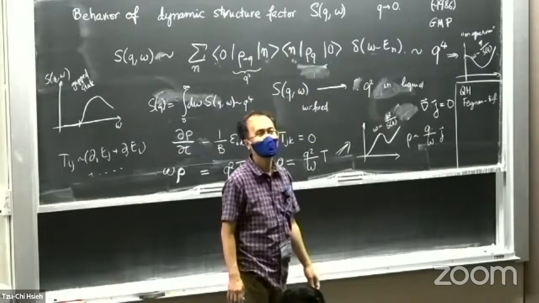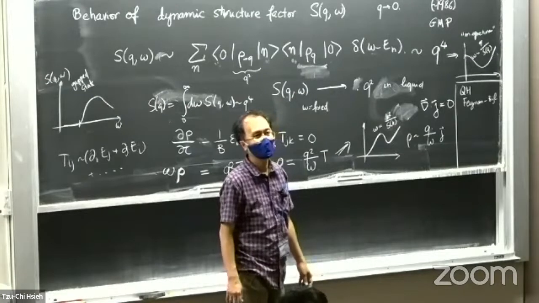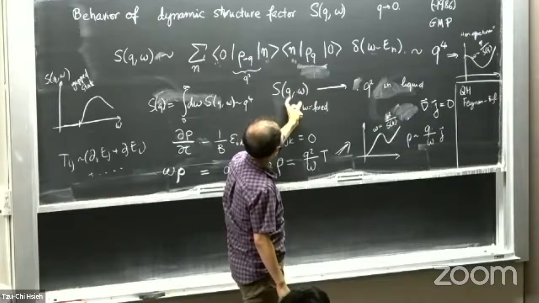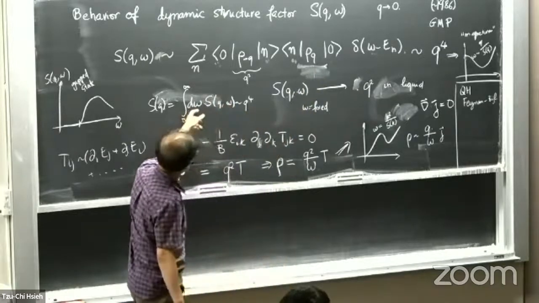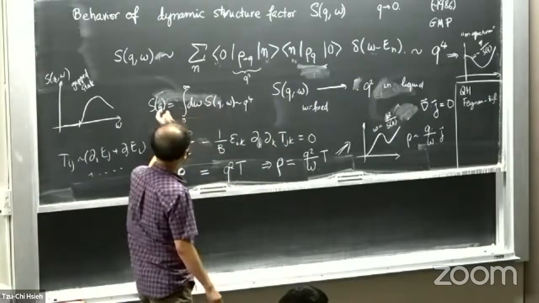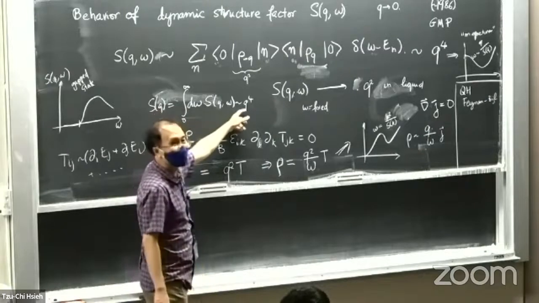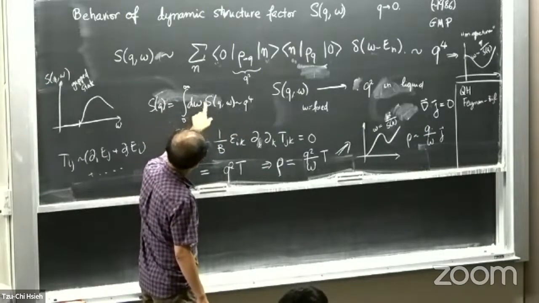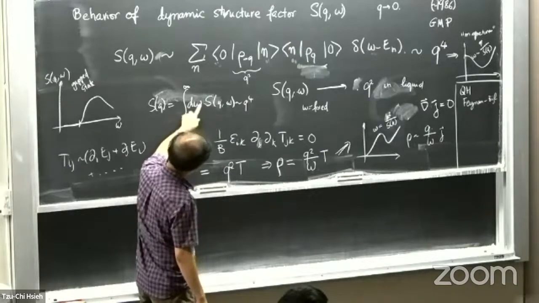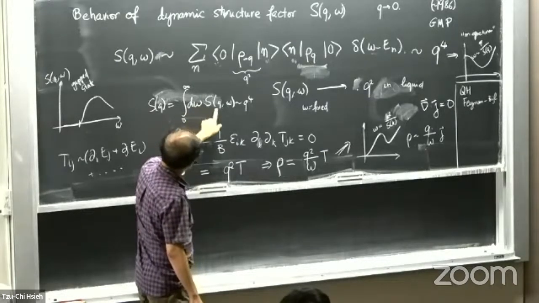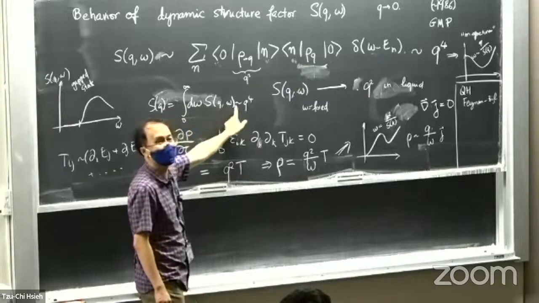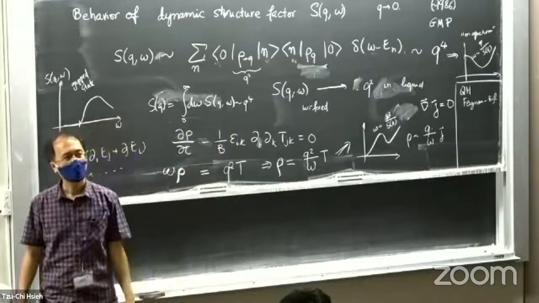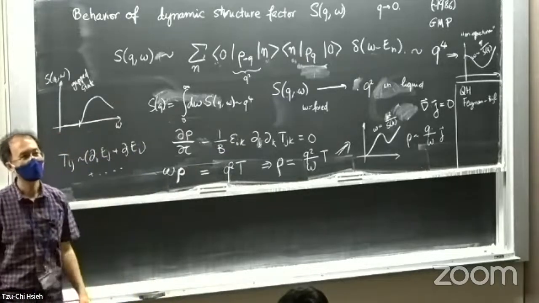The statement that the static structure factor goes as q to the fourth, when we integrate over omega, requires that this integral doesn't have any singularity. When the system is gapless, the q goes to 0 and omega goes to 0 limits cannot be interchanged, and so that's why it becomes not q to the fourth.